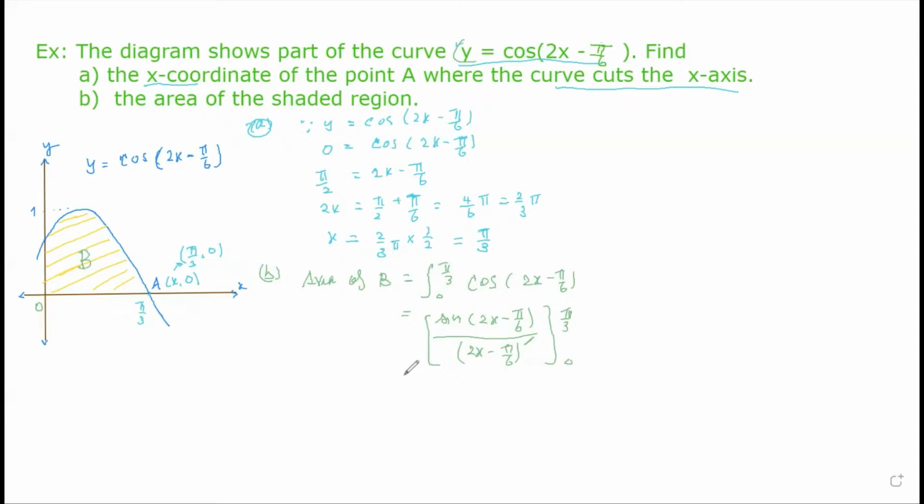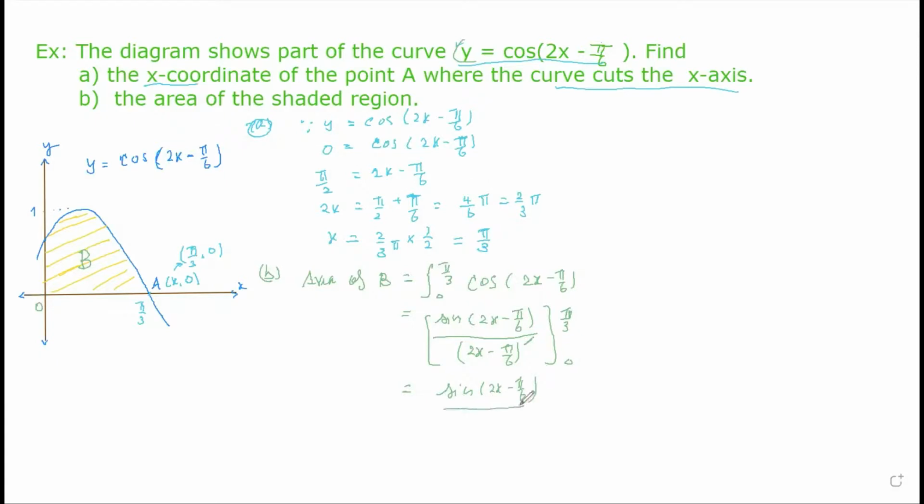Then we simplify, from 0 to pi over 3. So this one is going to be, okay, we differentiate this one first. So this one is going to be sine 2x minus pi over 6.